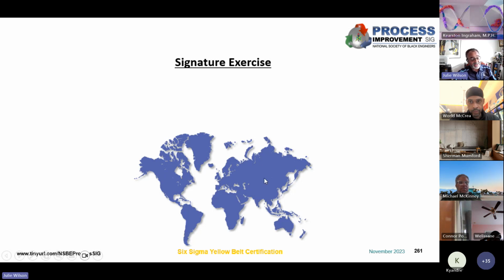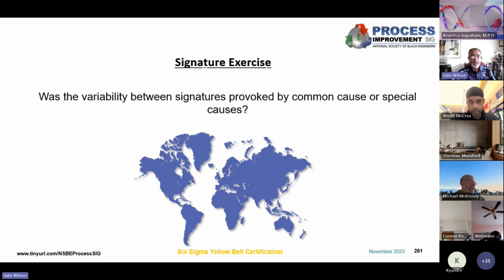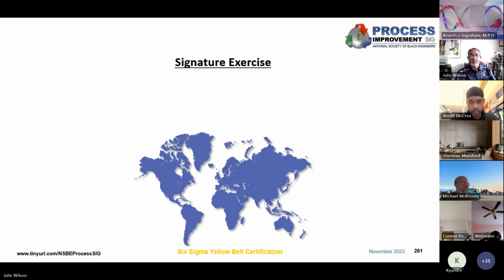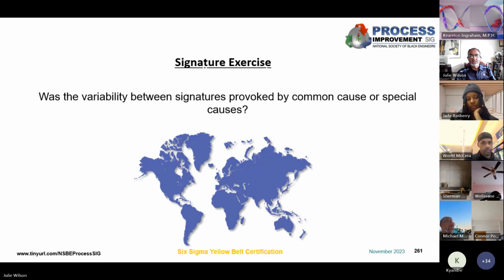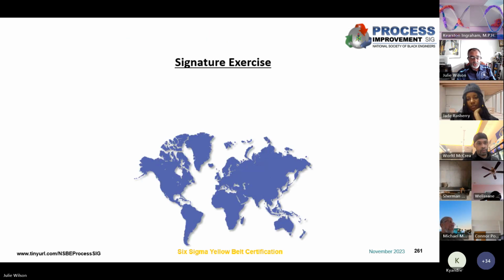But if you happen to have something to write with and something to write on, then try this exercise. Okay, so what I want you to do is take the pen and paper and sign your name 5 times on a piece of paper.